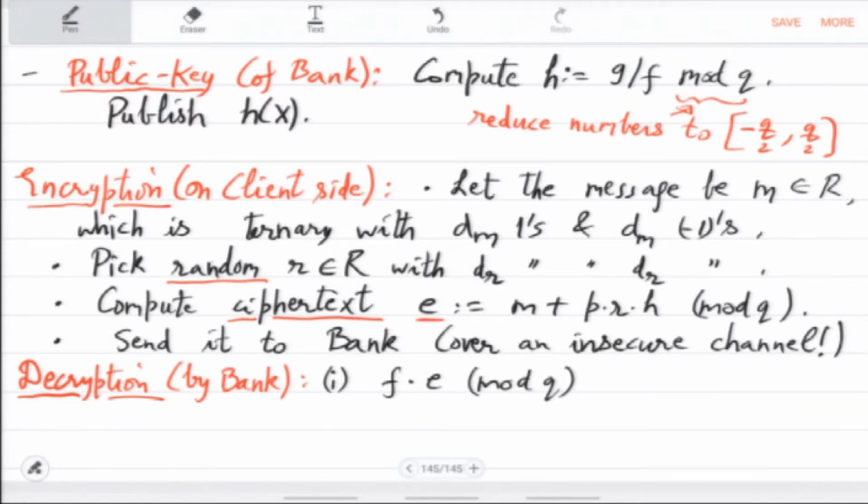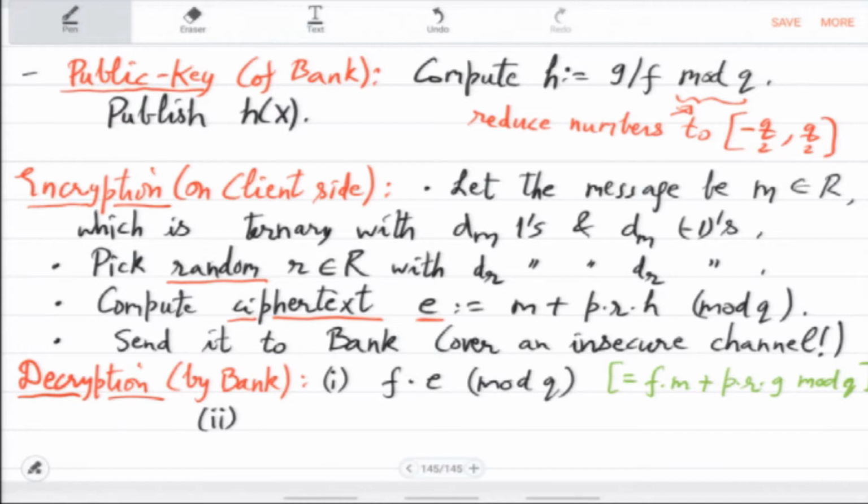Okay, so what is f times e? The bank obviously knows f, that's a private key. So f times e is f times m plus f times p times r times h. f times h is g, so this is p times r times g. Okay, so that is step 1.